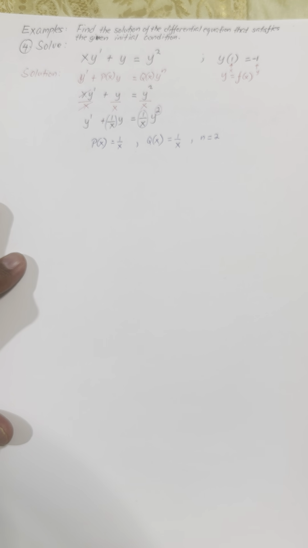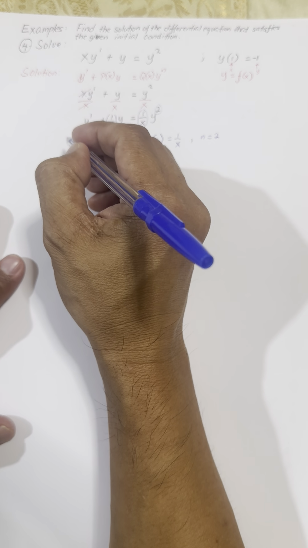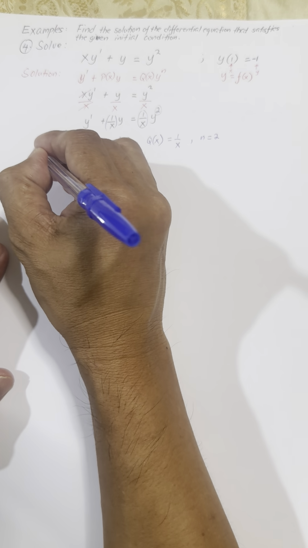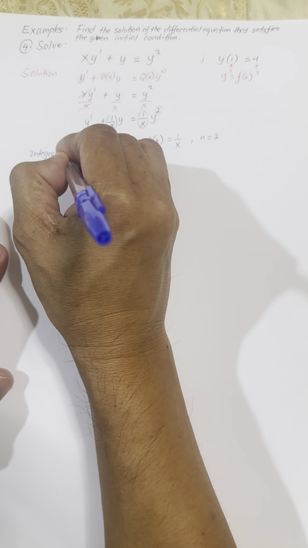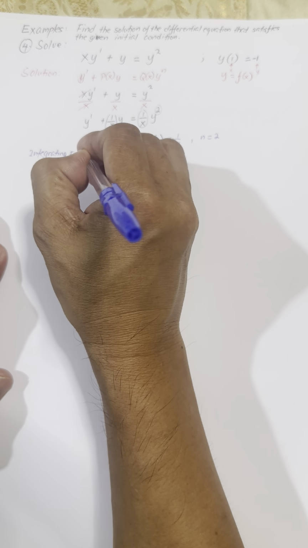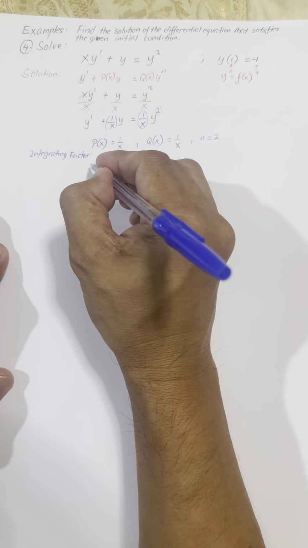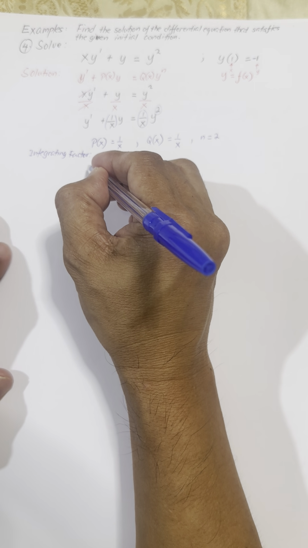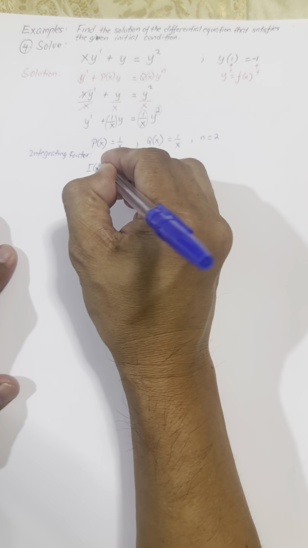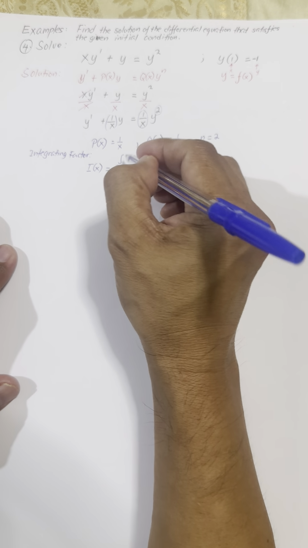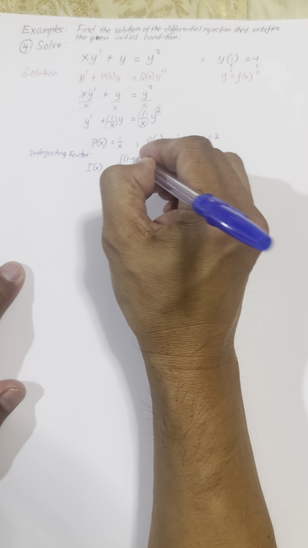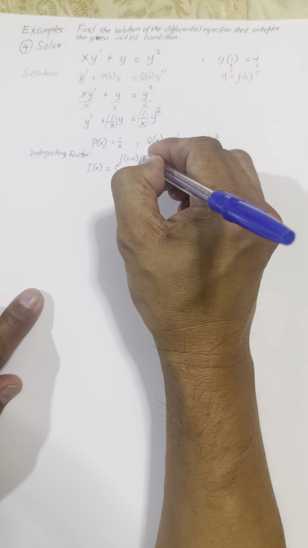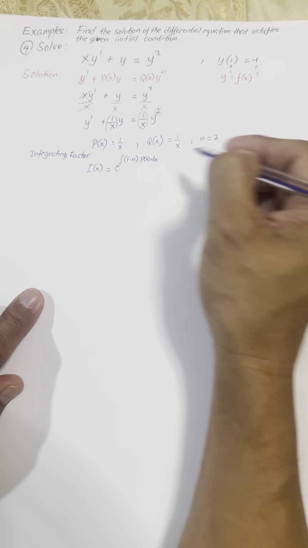We can use the formula, but before that we have to solve first for the integrating factor. The integrating factor is given by this equation: I of x equal to e to the integral of the quantity 1 minus n times p of x dx.